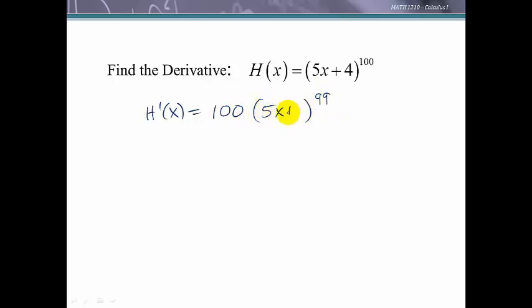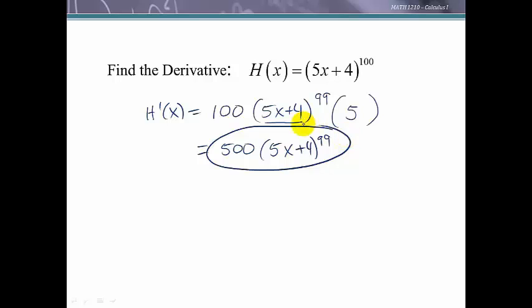We don't change the stuff inside here. This is our u. We're just simply working with the outside function. And then we need to multiply that by the derivative of what's inside. And multiplying by the derivative of what's inside here would be multiplying by 5. So we could express this as 500 times the quantity 5x plus 4 to the 99th power.